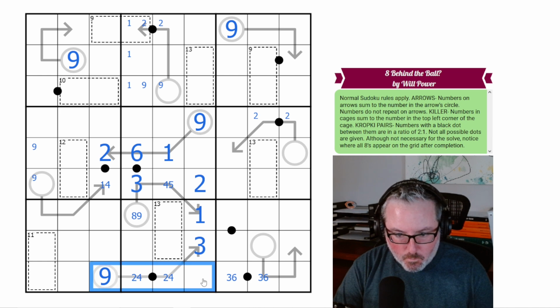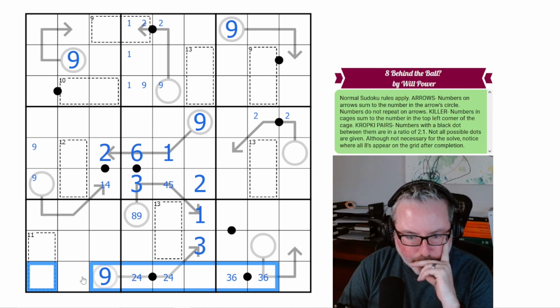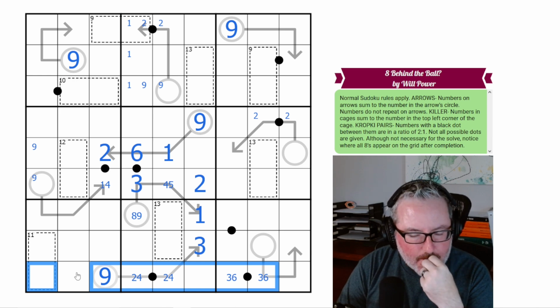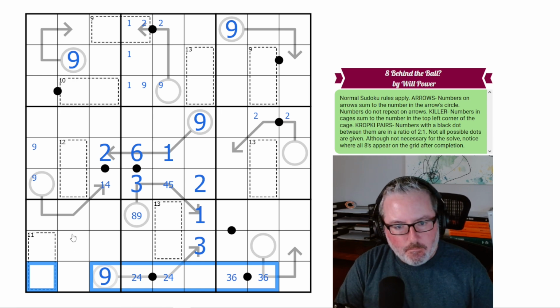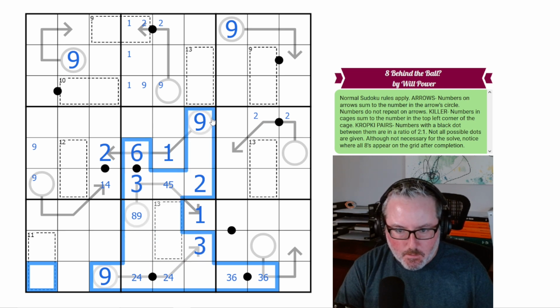Now, I can't put a 1 in any of these locations. But I can't rule a 1 out from either of these at the moment. Maybe I need to look deeper at 1s again, because I think there's some logic to be had there.